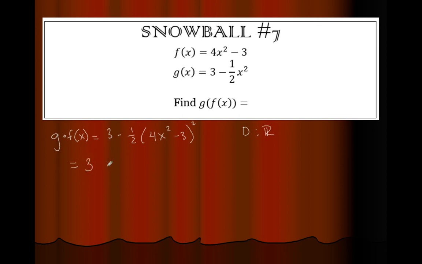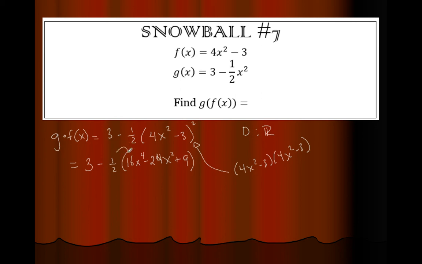So 3 minus 1/2, and I'm going to square this. Remember that this is 4x squared minus 3 times 4x squared minus 3. So that's going to be 16x to the 4th minus 24x squared plus 9.